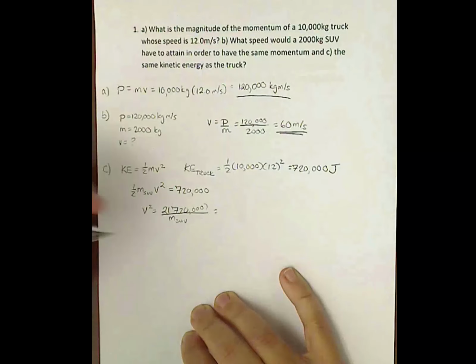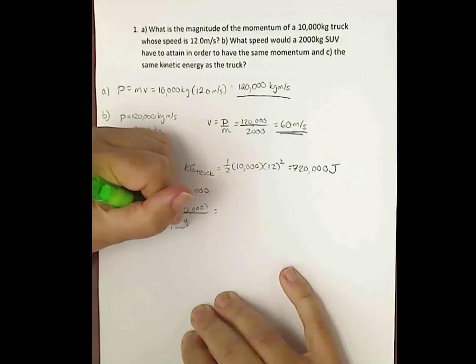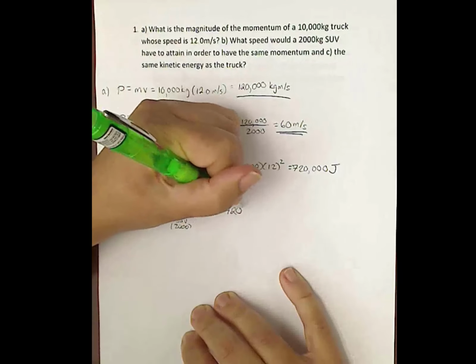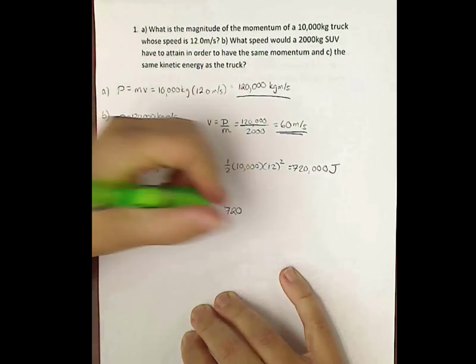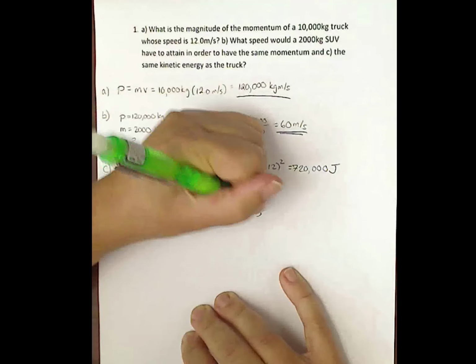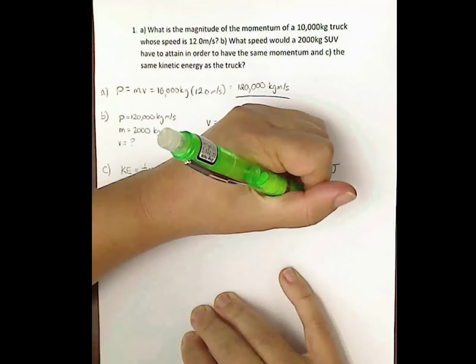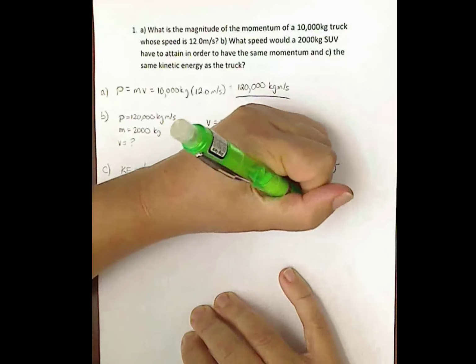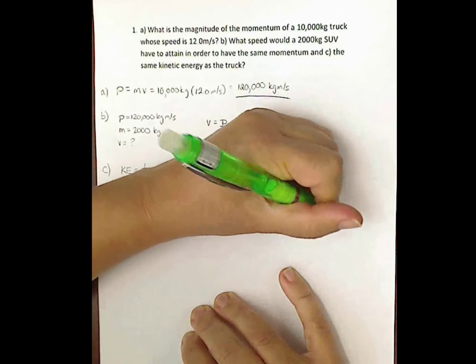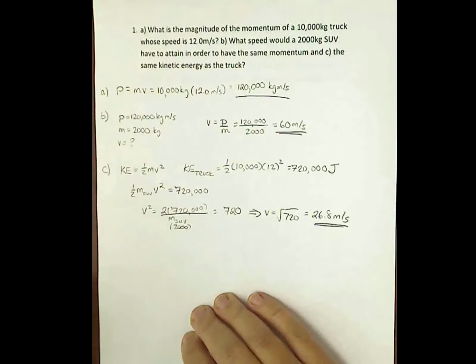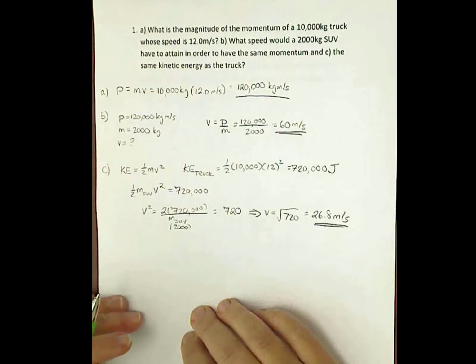The mass of the SUV is 2,000 kilograms, so we get 720 as V squared. So V is equal to the square root of 720, or 26.8 meters per second. So that's a pretty basic problem, just using the definitions of momentum and kinetic energy.